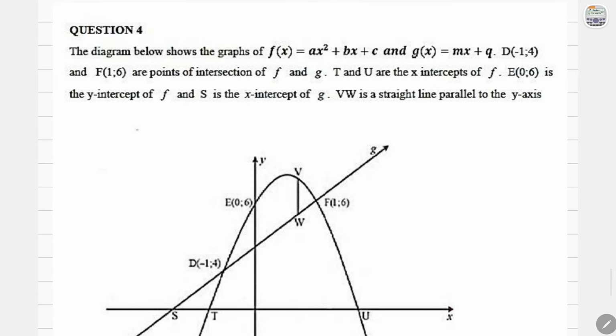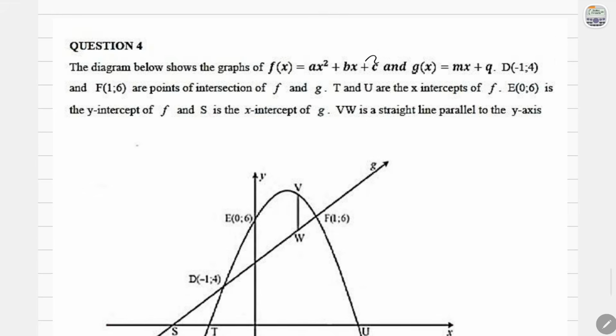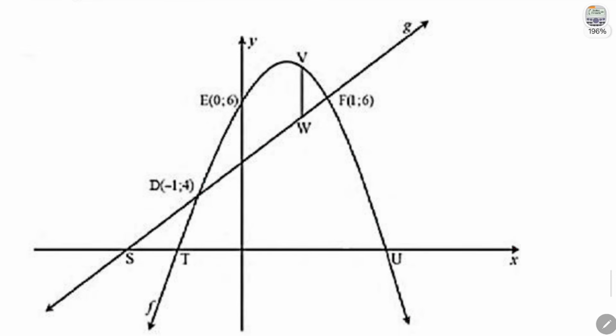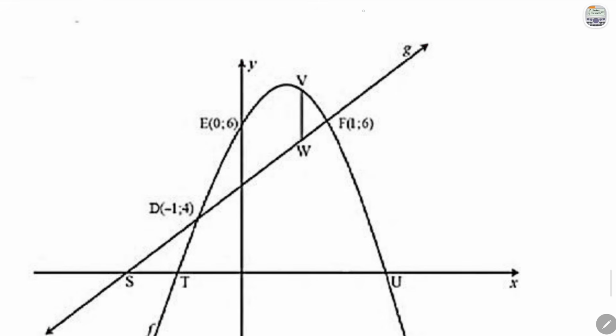Okay, so can we actually see it? We can't see it with this, but have they given us anything that can help us see it? Yes, they have. They didn't give you the x-intercepts, but you see these points E and F? Notice how they both have the same y value.